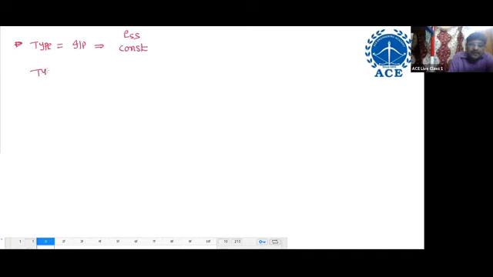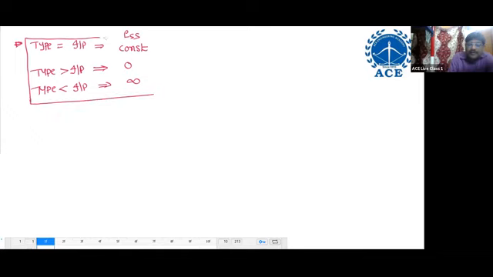Type greater than input, steady state error is 0. Type less than input, steady state error is infinity. So based on the type, we can decide the steady state error.